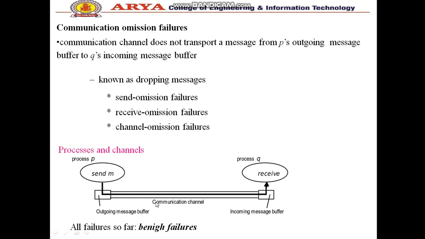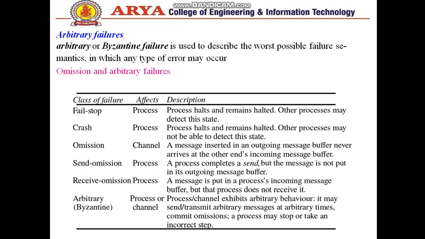Communication omission failure: the communication channel does not transport a message from P's outgoing message buffer to Q's incoming message buffer. This is the communication omission failure, known as dropping of messages, send omission failure, receive omission failure, and channel omission failure. It is shown in this diagram.